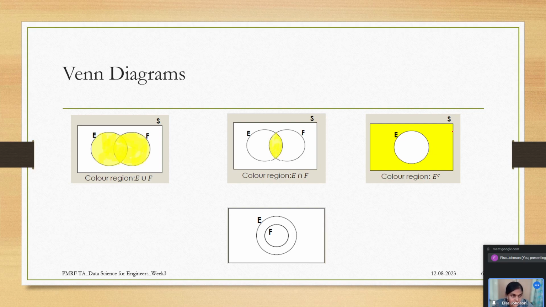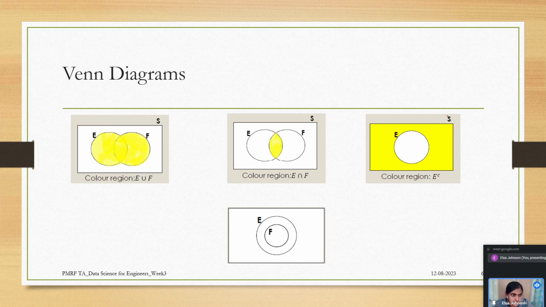Then in this one, E represents the event and E complement represents the place where it is not E. For example, if the event is getting odd numbers on a die throw, then the throws that give even numbers will fall in the E complement space.